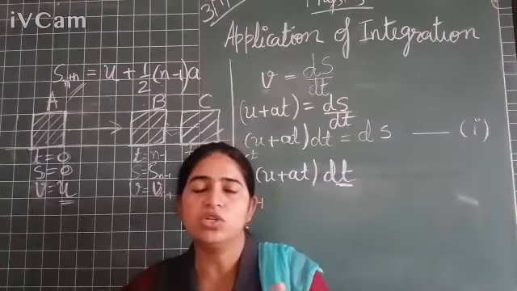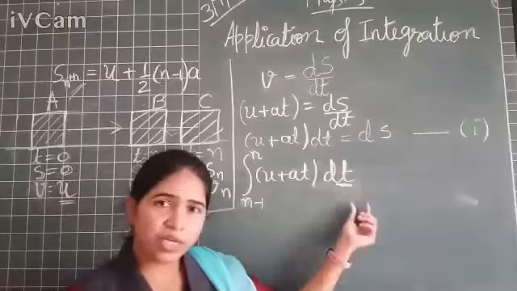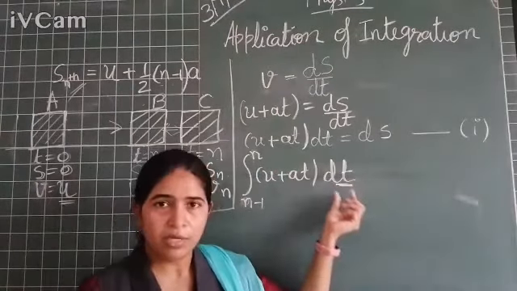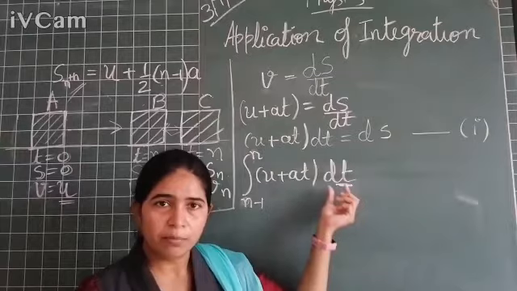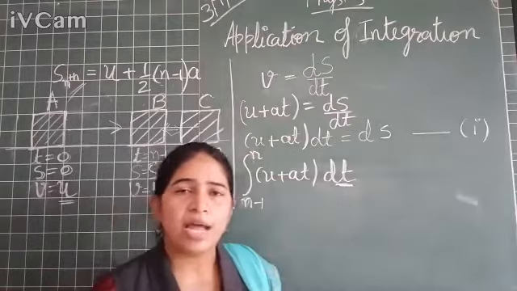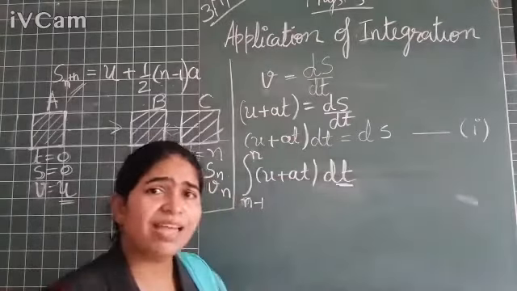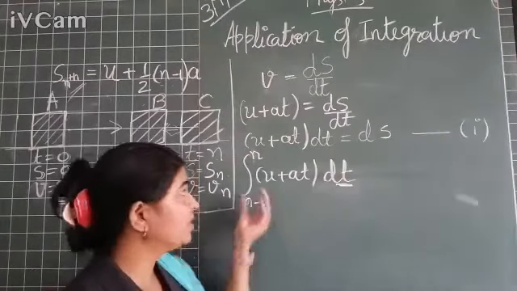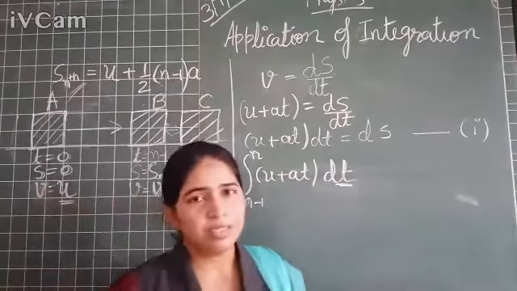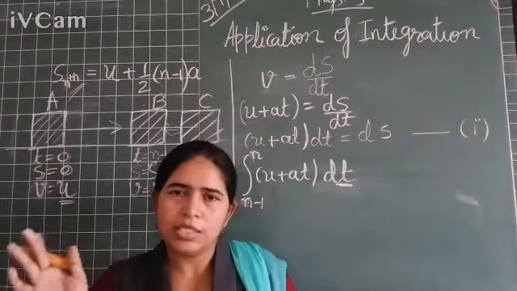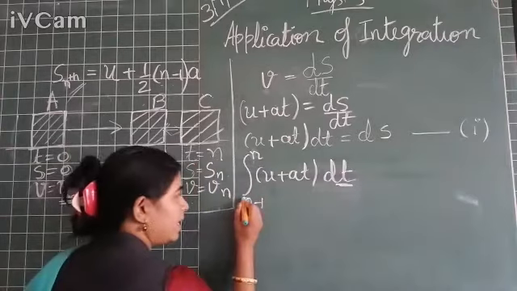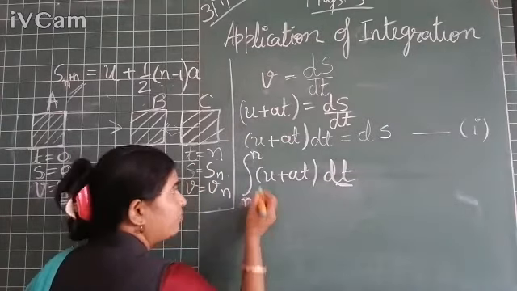Is this clear? We are going to carry out the integration with respect to time, because b has t behind it. So the lower limit and upper limit are your values of time, the initial and the final. We are considering the last second and just a second before it. So the initial value will be n minus 1 and the final value will be n.